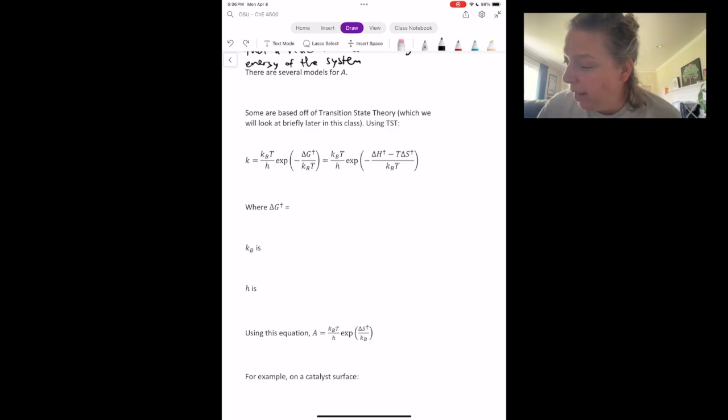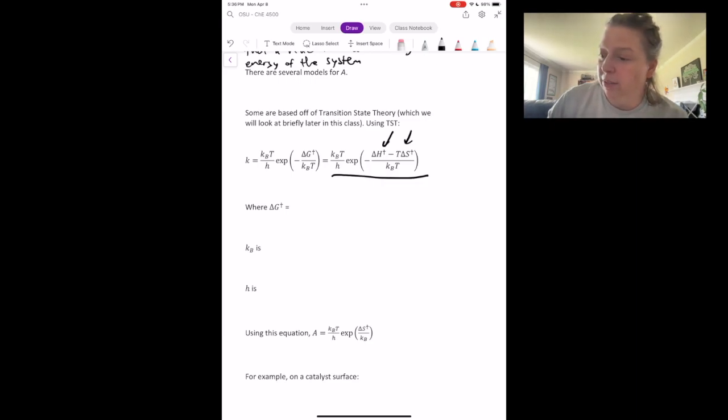So if we break this down, we can extract out both enthalpic and entropic contributions to this term. So what are these different pieces?